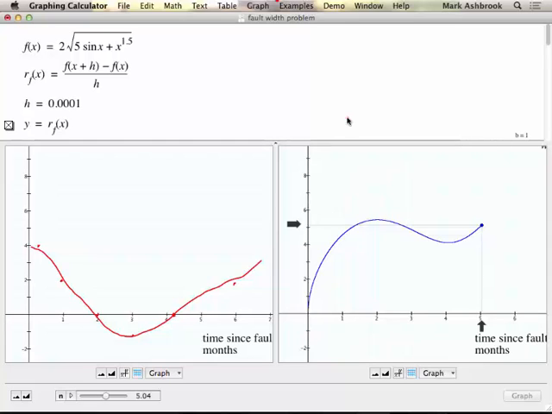So let's graph the trusted form here. I'm going to graph this RF function for a small h. There it is. Let's erase the one I drew. We see our estimate was very good.